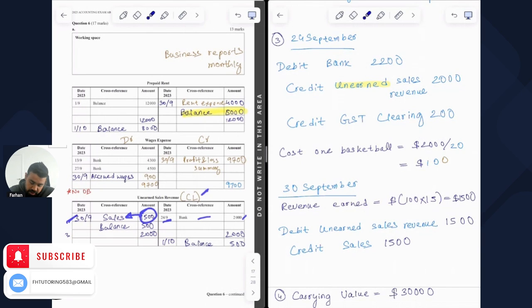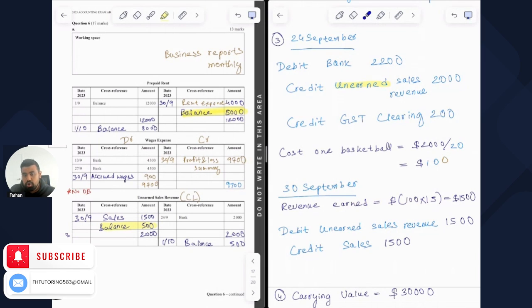After you have got that, we determine the closing balance of 500 because obviously on the credit side, you can see that we only have 2,000, which we have brought down here. And this must be the total of everything on the debit side. Once you subtract 1,500 from 2,000, you are left with the closing balance at 30 September of 500 for unearned sales revenue.